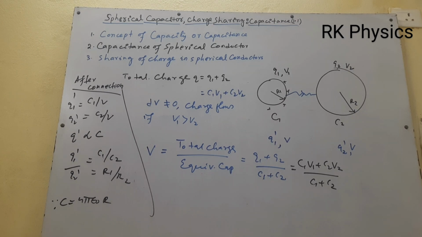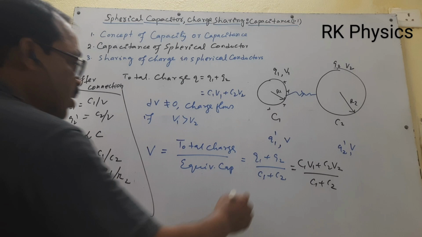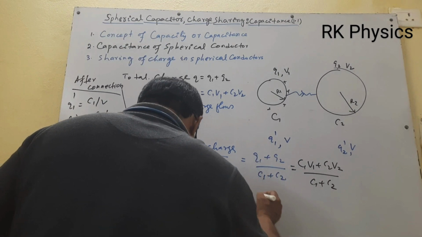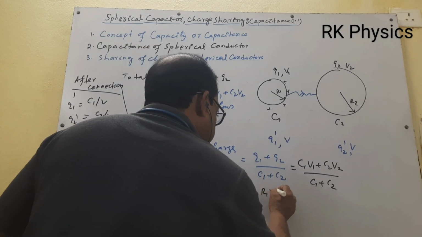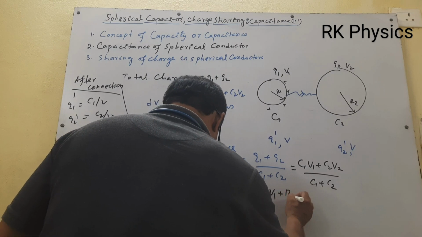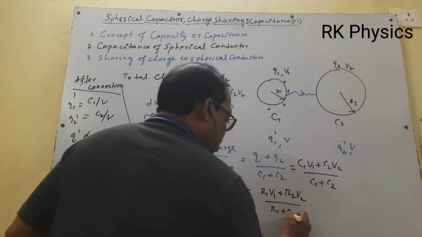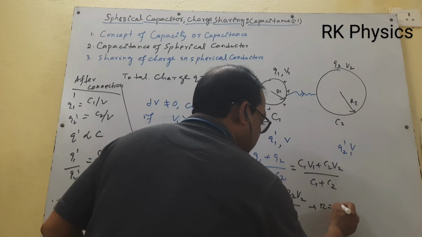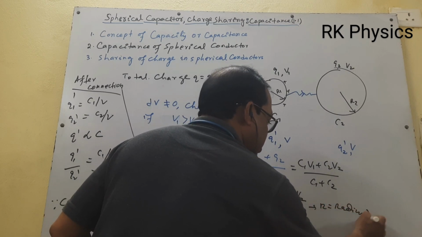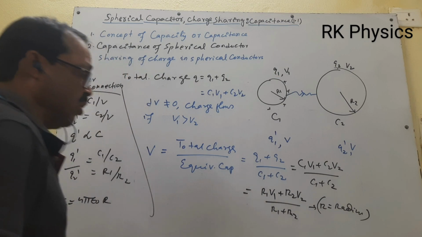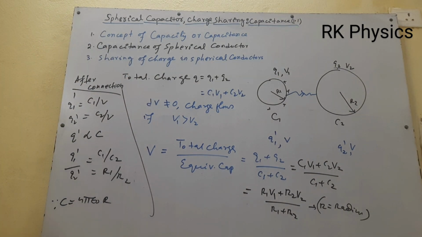Therefore, in that formula, you write the common potential as R1 V1 plus R2 V2 divided by R1 plus R2. Mind, what is R? R is the radius. It is not resistance. It is the radius of the spherical conductor.